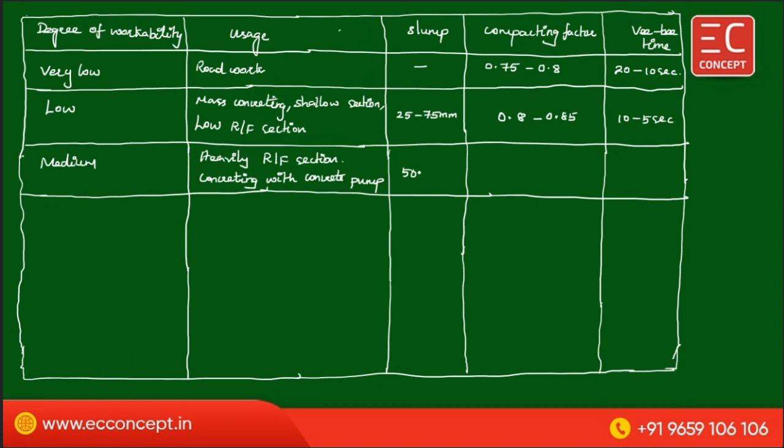That is a slump of 50 to 100 mm, compacting factor 0.85 to 0.92, and VB time 5 to 2 seconds.